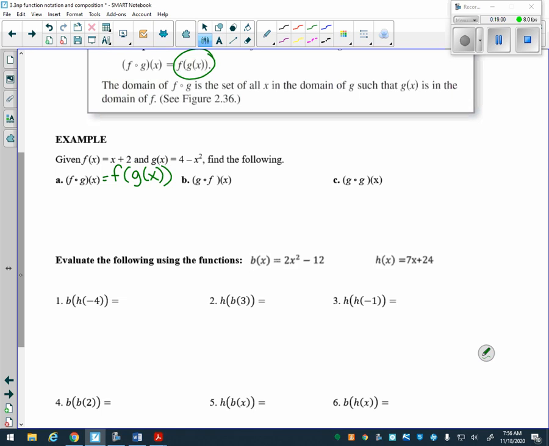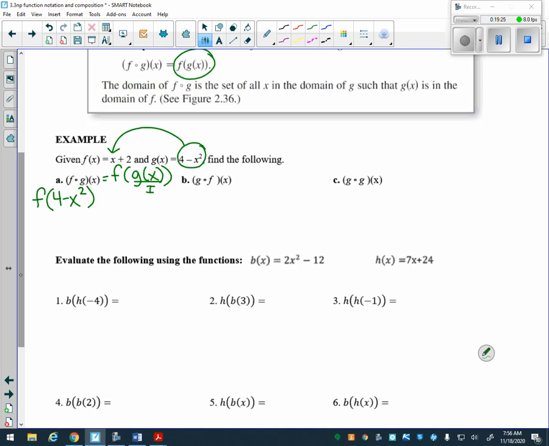Whatever's inside the parentheses here is my input. So I'm taking that entire function, so in this case, 4 minus x squared, and inputting it to the x of the f function. So what it looks like is f of 4 minus x squared. That's how it would look in function notation.